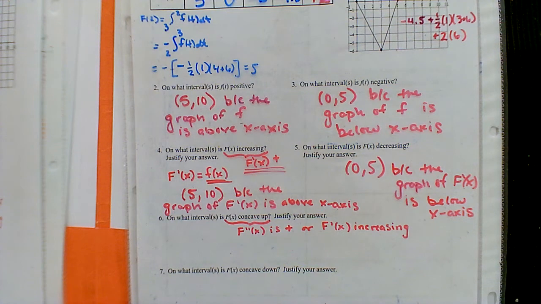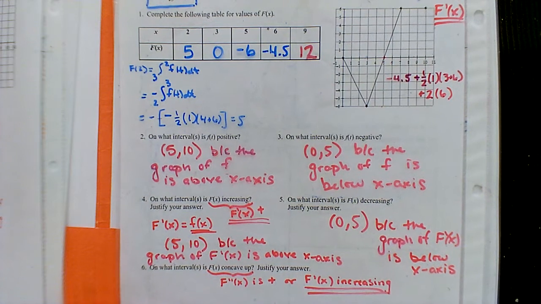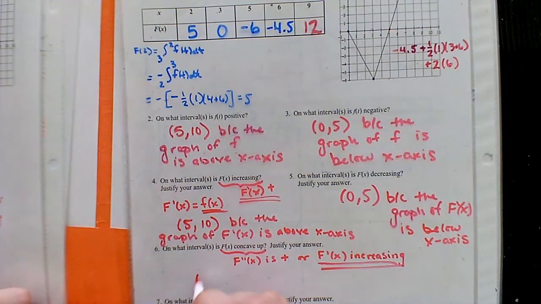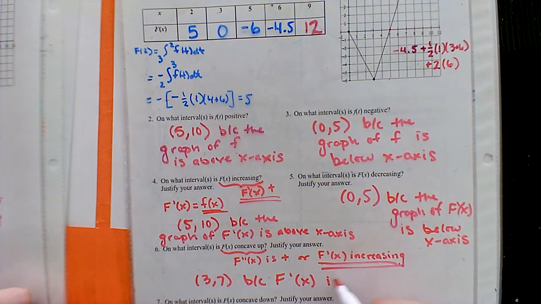All right, so since that's the graph of F prime, we should be trying to figure out where F prime is increasing. Can we give our interval? 3 to 7. Because F prime of x is increasing.